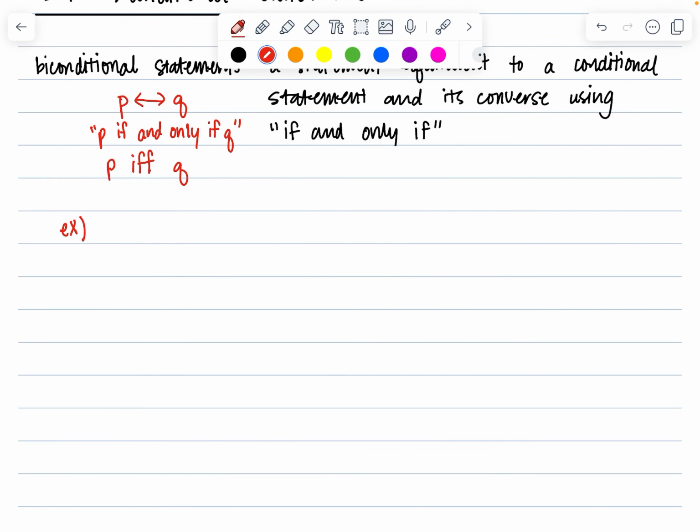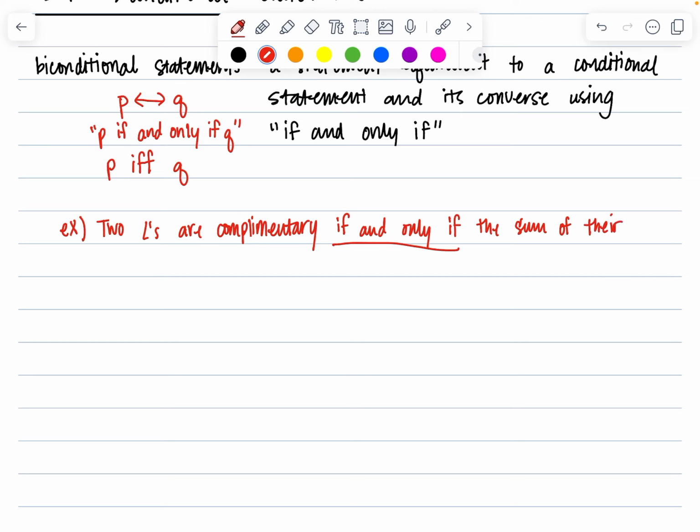So for example, two angles are complementary if and only if the sum of their angles is 90 degrees.